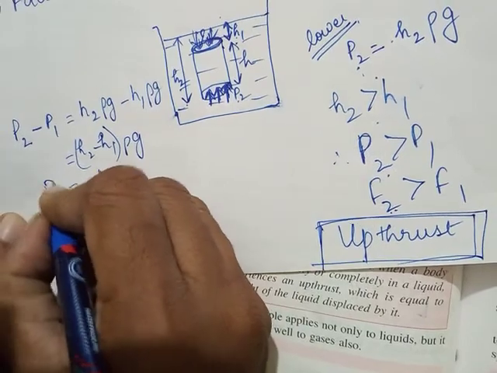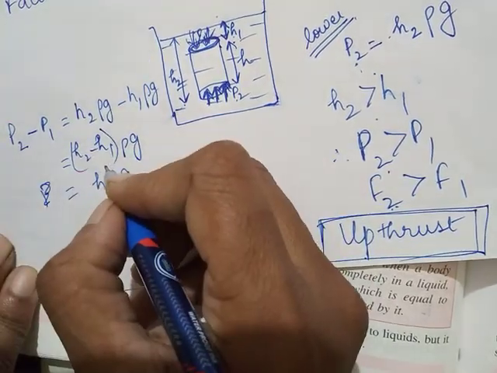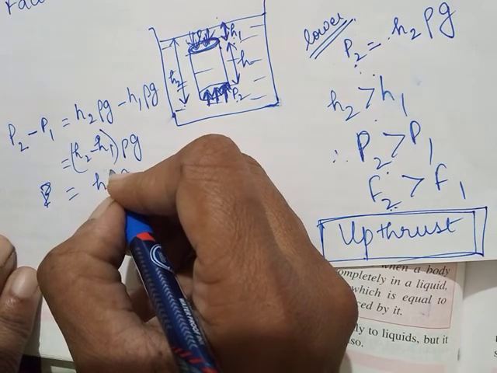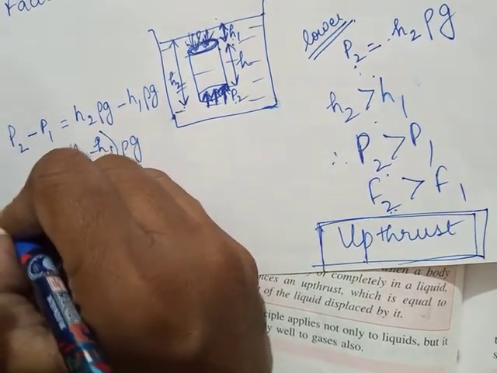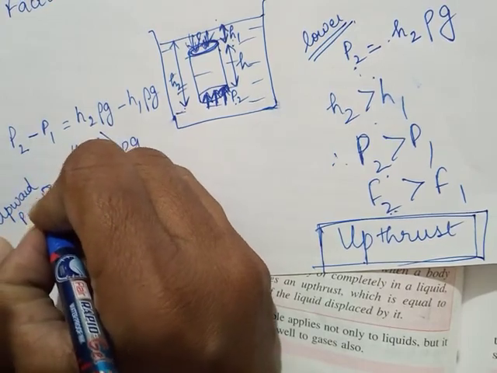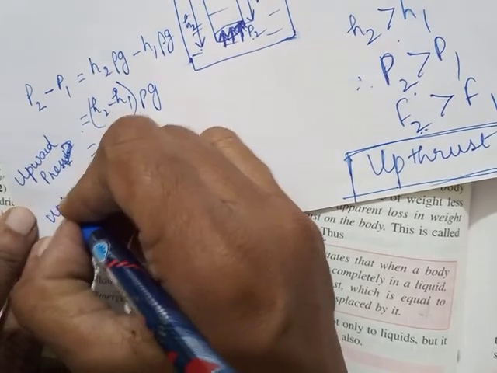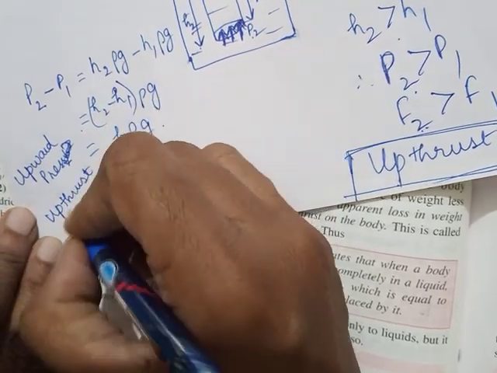So I get this upward pressure. The upward pressure is H rho G, but we want upward force, because upthrust is basically a force.